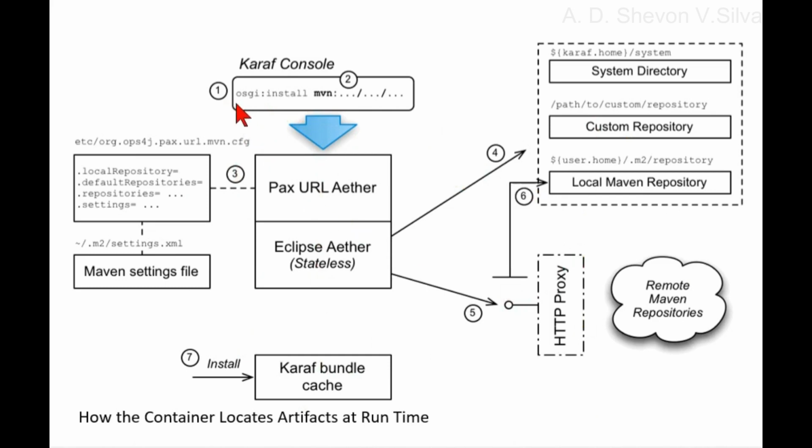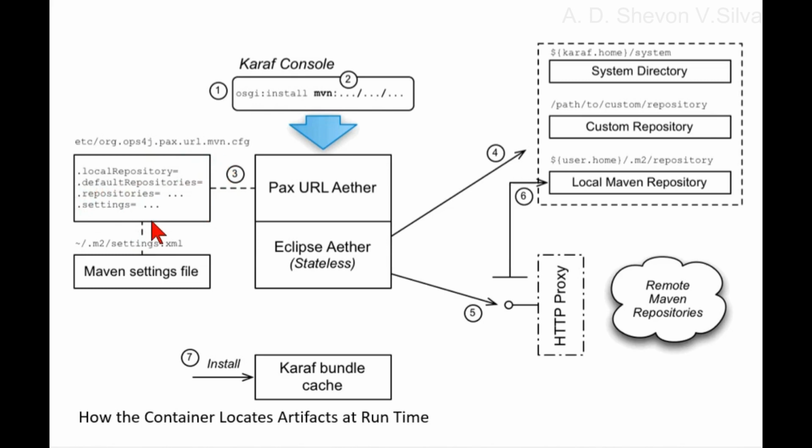Here the Karaf console is in step 1, the osgi:install mvn command, and step 2, the mvn URL. The Karaf console is connected to Pax URL Ether, and in step 3 the Pax URL Ether interacts with etc/org.ops4j.pax.url.mvn.cfg. Here you can see the local repository, default repositories and repositories settings, etc.